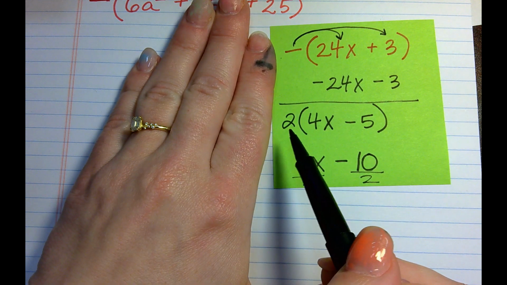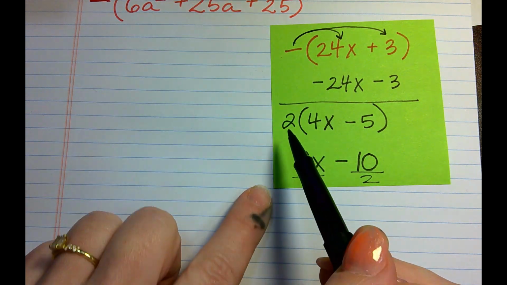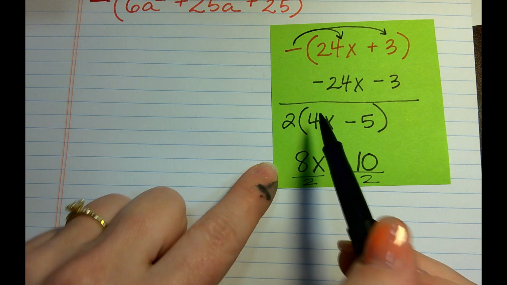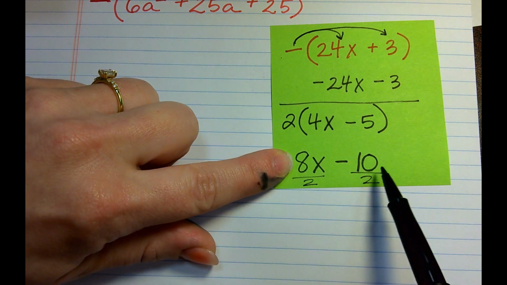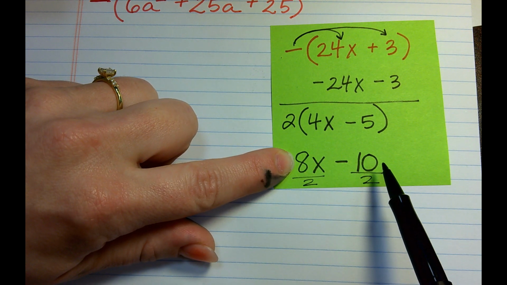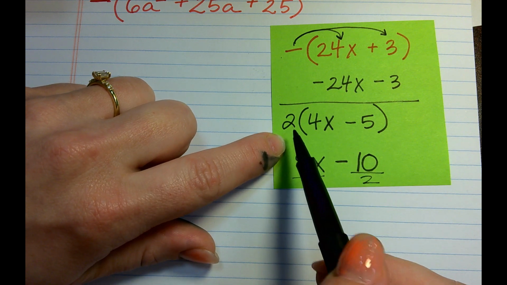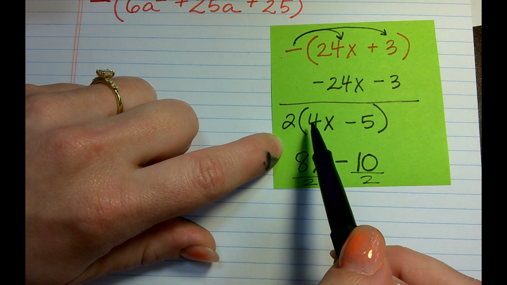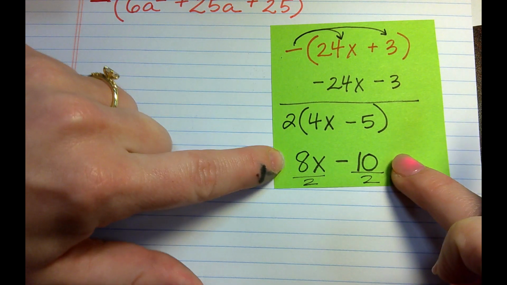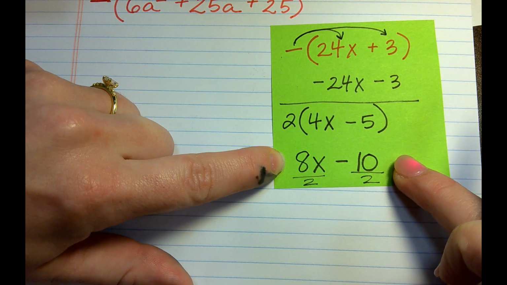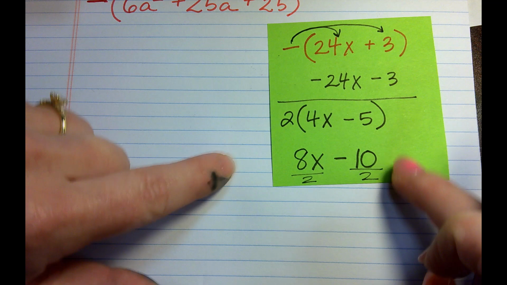And we're going to stick that 2 out here to show that we didn't lose it. We still have everything here. 2 times 4x minus 5 is still equal to what we started with. It's just telling us that 2 times this is the factored form of 8x minus 10. We're working in reverse here.